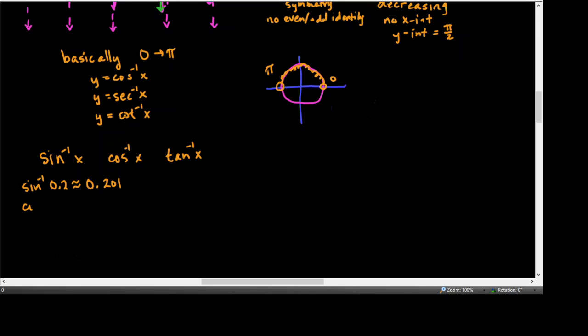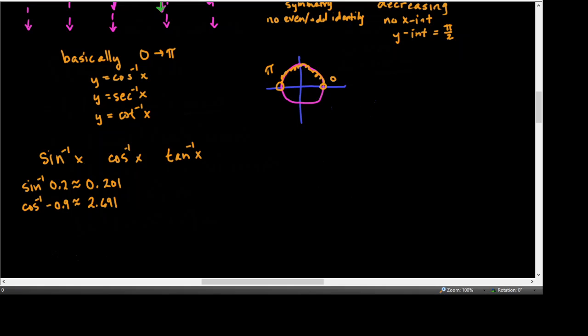Or if I ask you, what's cosine inverse of negative 0.9? Well, you just type that in your calculator. Second cosine, negative 0.9. And I got 2.691 using 3 decimal places.